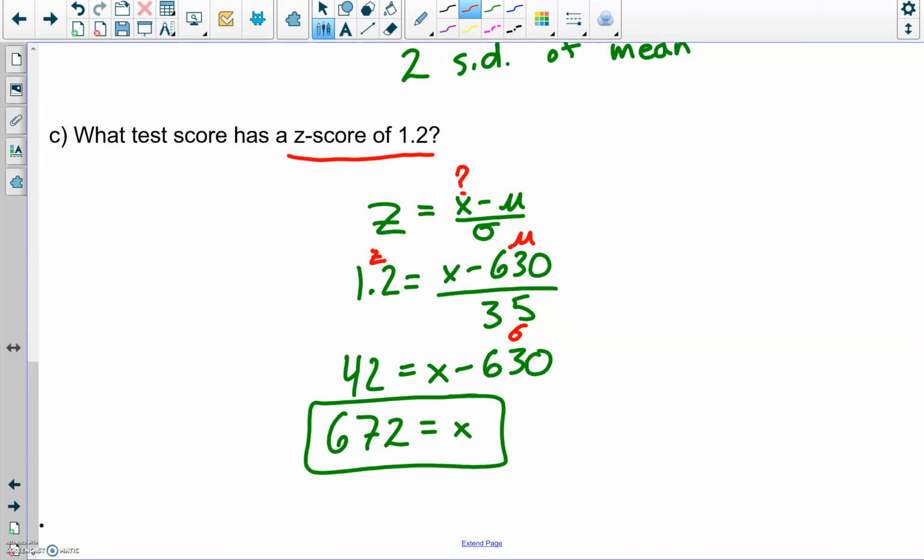If you just multiply both sides by 35 first in order to get rid of that 35 in the denominator on the right side, you will get 42 equals x minus 630, and then you add 630 to both sides, and you'll get 672 equals x. So the score that has a z-score of 1.2 standard deviations away is 672 on this particular test.